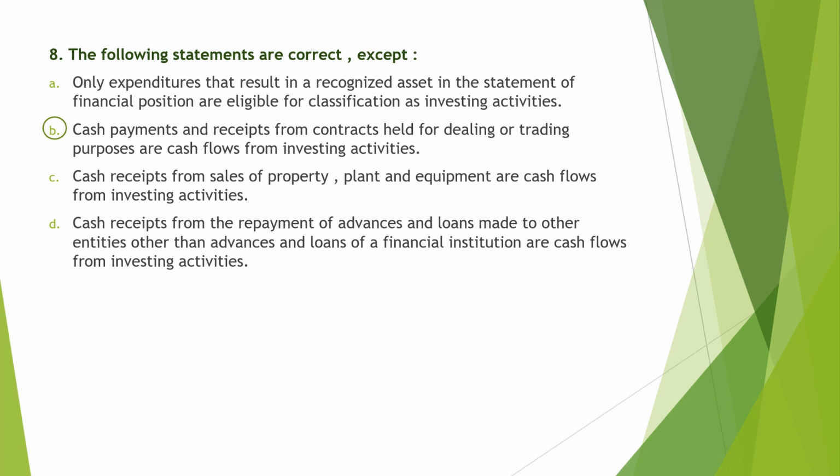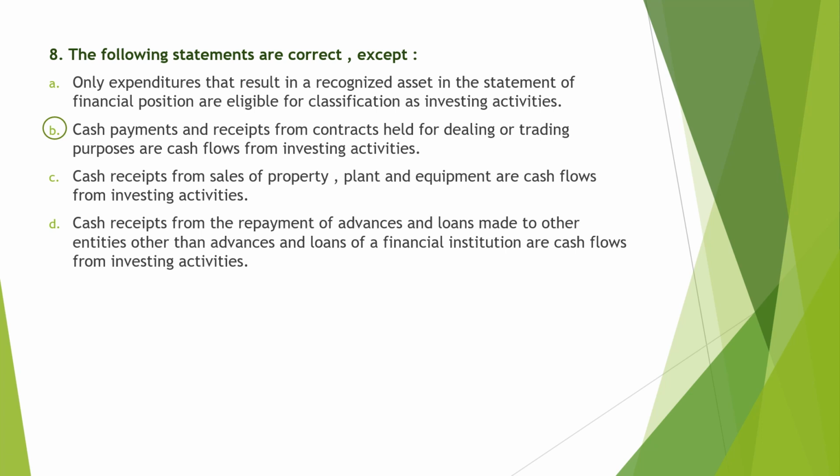Bakit investing activities? Ito kasi cash receipt from the repayment of advances and loans made to other entities. Ibig sabihin tayo yung nagpautang. Tayo si creditor. Ibig sabihin tayo si investor. Tayo si lender. So, ibig sabihin nag-invest tayo. Binayaran tayo. Cash receipts from the repayment of advances and loans. So, hindi to financing activities na pinautang tayo or may nag-invest sa atin.